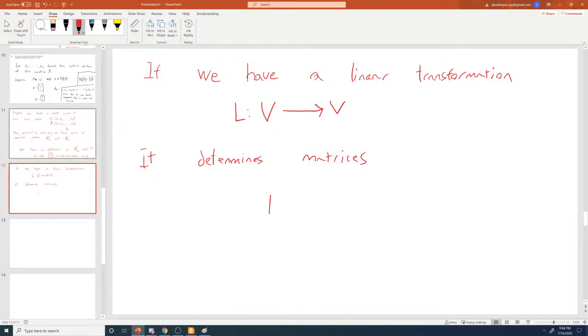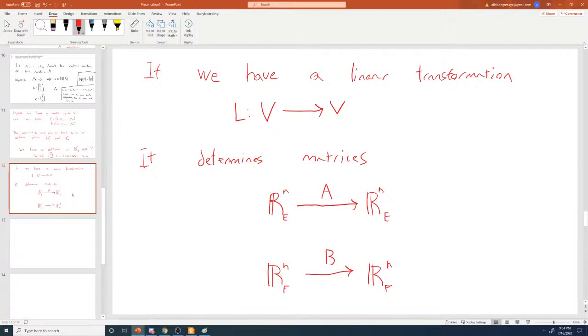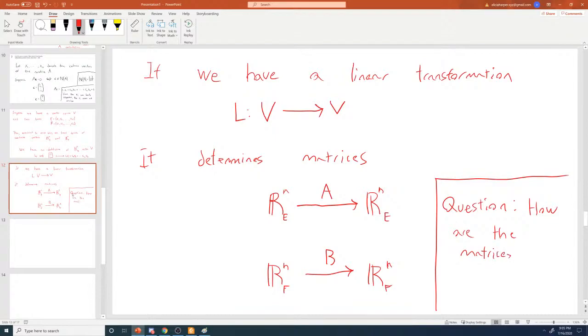One matrix will correspond to the coordinate vectors associated with the basis E, so we're going to have a matrix A from Rn E to Rn E. And we're also going to have one corresponding to the basis F. And the question is, how are the matrices A and B related?